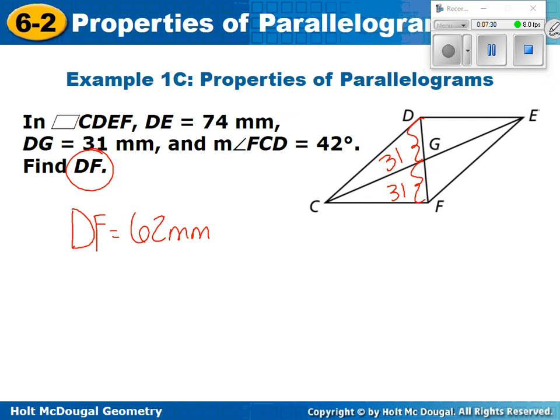Very good. Remember, your property in a parallelogram is your diagonals bisect each other. If they bisect each other, then that means they split each other into two congruent parts. So if this is 31, this has to be 31, and then we add 31 plus 31 to get 62. Any questions on that one?